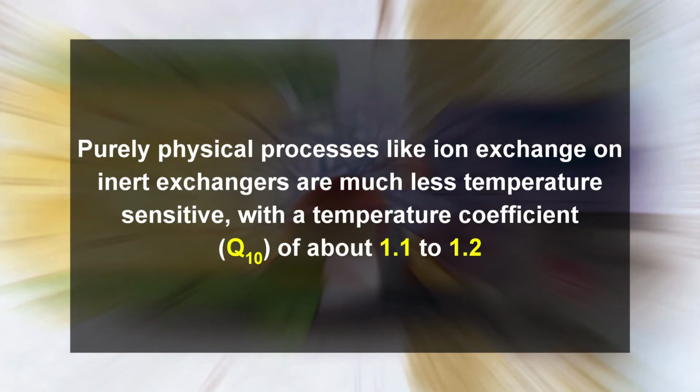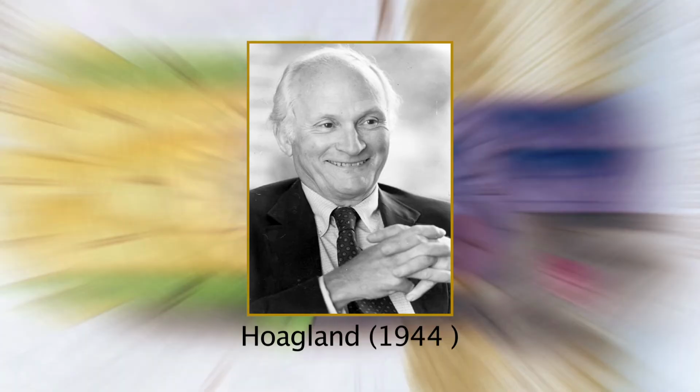Purely physical processes like ion exchange on inert exchangers are much less temperature sensitive, with a temperature coefficient Q10 of about 1.1 to 1.2. The temperature coefficient for the process of ion absorption is 2 or higher, as expected for metabolically active processes, and at temperatures near freezing, absorption is severely inhibited, according to Hoagland 1944.